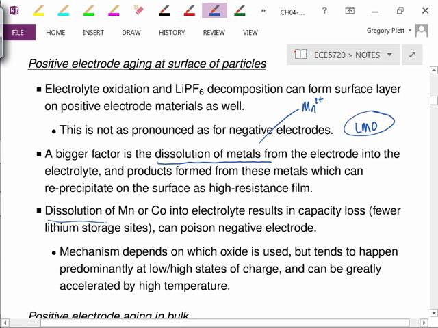When we dissolve manganese, and it happens with cobalt too, although to a lesser extent, when we dissolve these metals into the electrolyte, we have capacity loss, because I used to have all these storage locations for lithium, but all of a sudden this one dissolved. It's not there anymore, so now there's fewer places to store lithium.